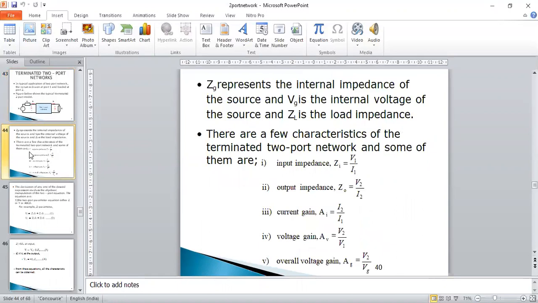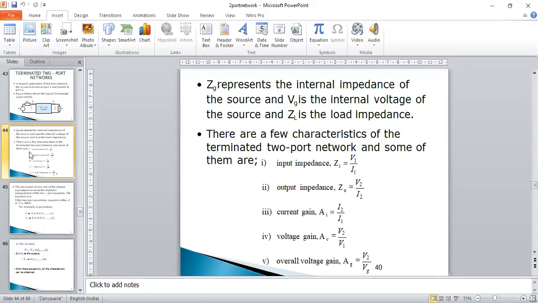See, in this figure, ZG represents the internal impedance of the source, and VG the internal voltage of the source, and ZL is the total impedance which is connected on the output side of the port. There are a few characteristics of the terminated two-port network, and some of them are like this.